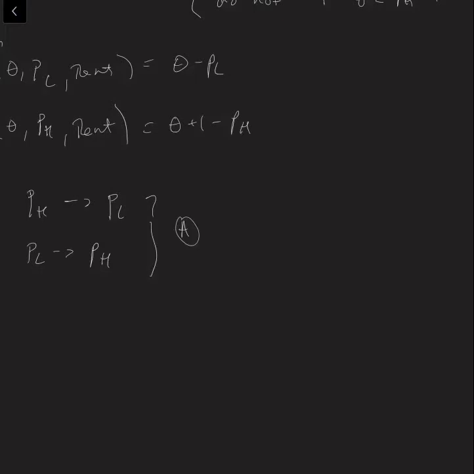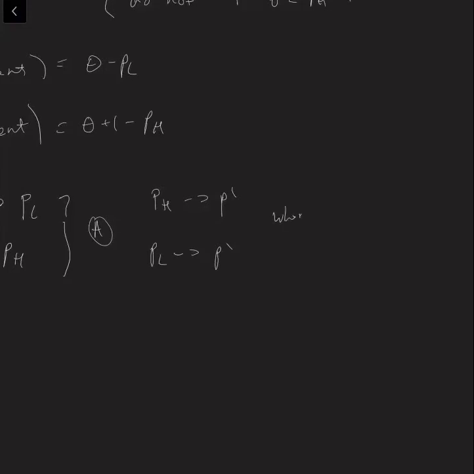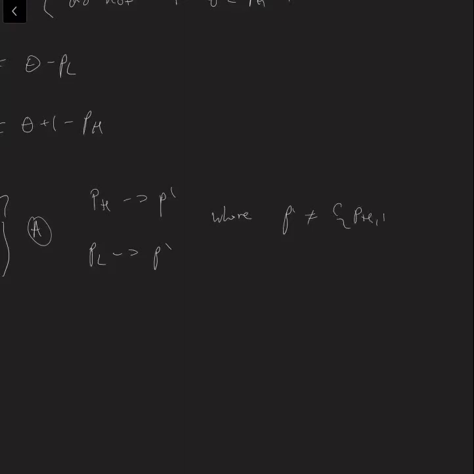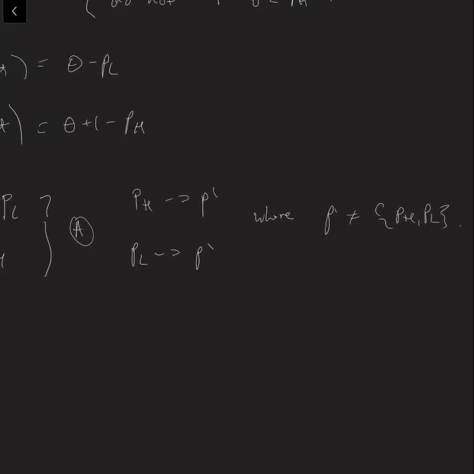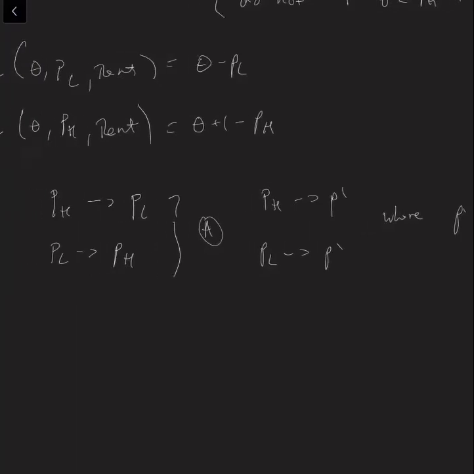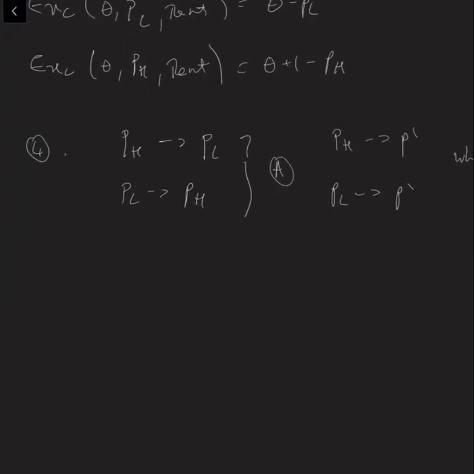So we could have Monica change the price of the high quality flat to some P dash, and the price of the low quality flat to some P dash, where P dash is not equal to either PH or PL, and call this class B of deviations. Now basically we have to calculate equilibrium utilities and off-path utilities, and this will help us find equilibrium ranges of PL and pH.